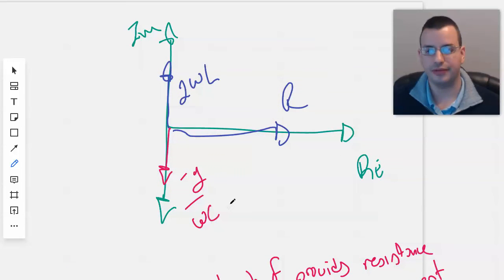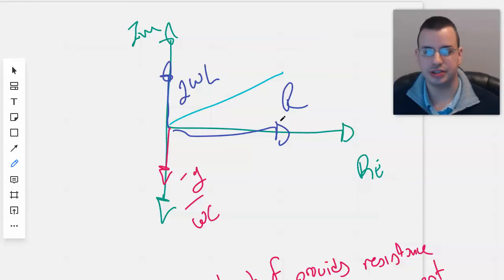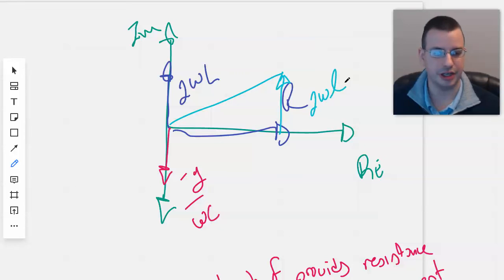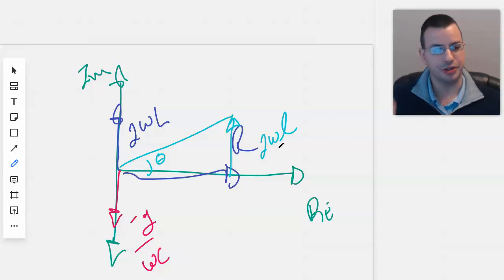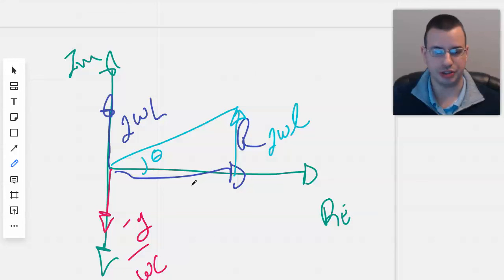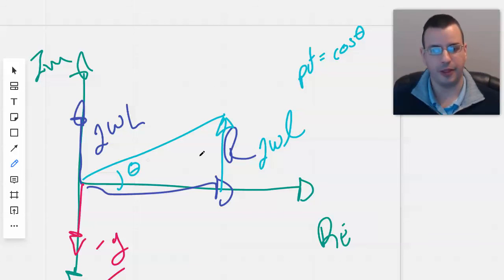Let's say this industrial environment is operating with more inductors than capacitors, which is almost always the case. Then you would have some theta here. That theta would be this angle of this triangle generated with your inductance and your resistors. Well, the power factor just equals cosine theta. And so when you hear power factor, that's what that's referring to.